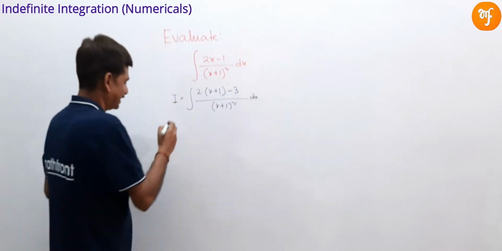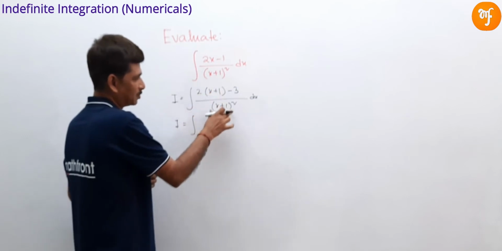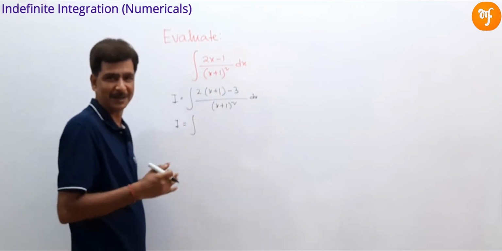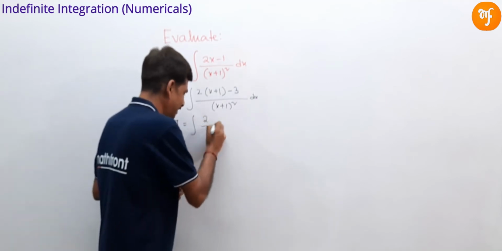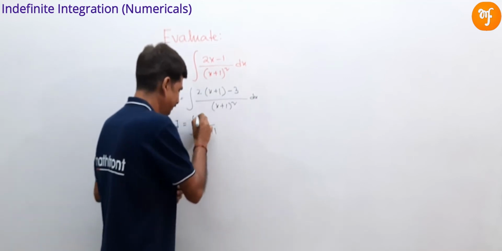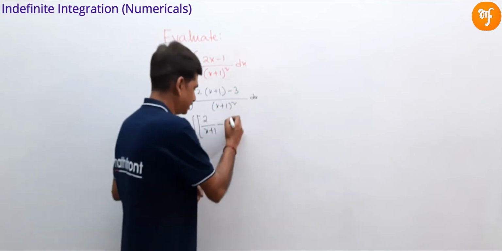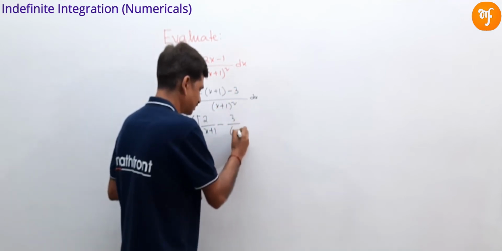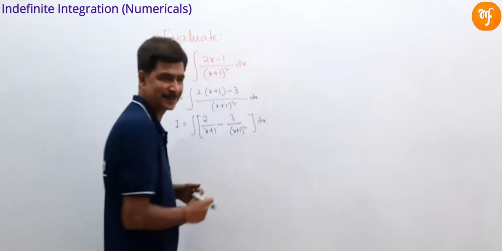Okay. Now, in the next step, 2 into (x plus 1) divided by (x plus 1) whole square can be written as 2 divided by (x plus 1). So we are writing this as 2 divided by (x plus 1) minus 3 divided by (x plus 1) whole square, okay, into dx.